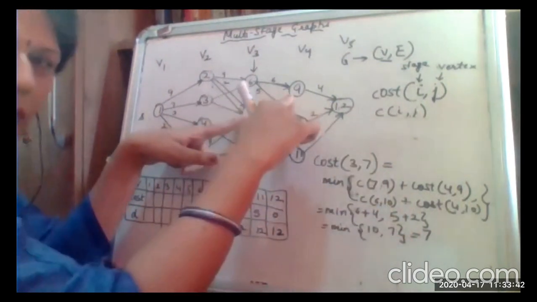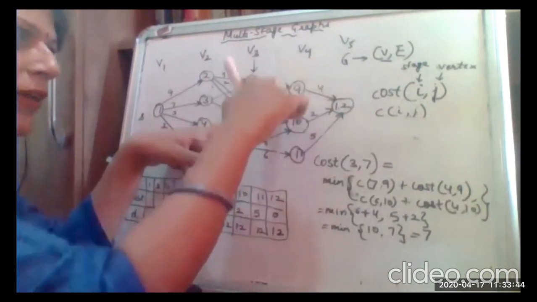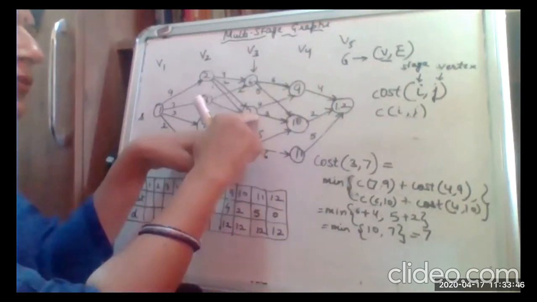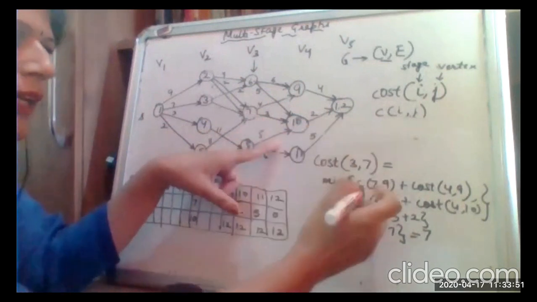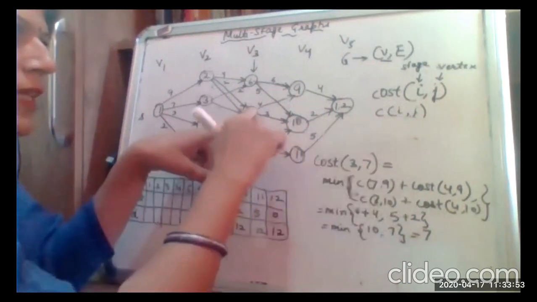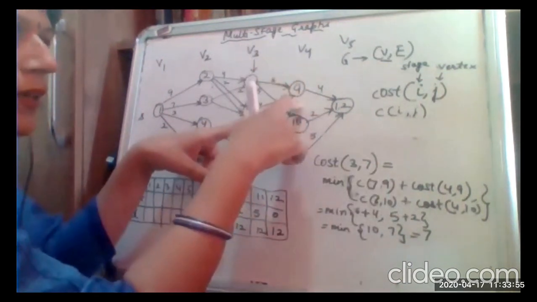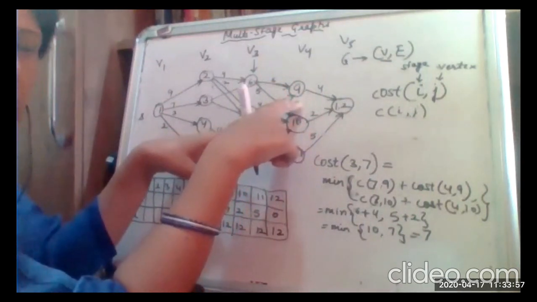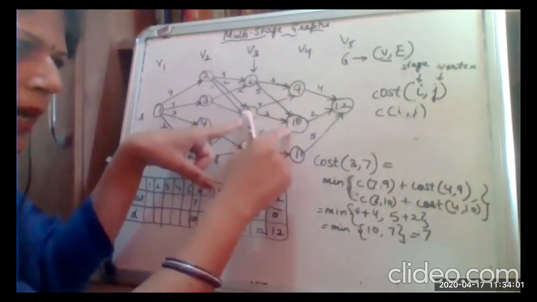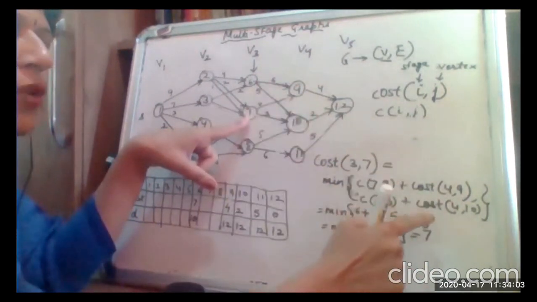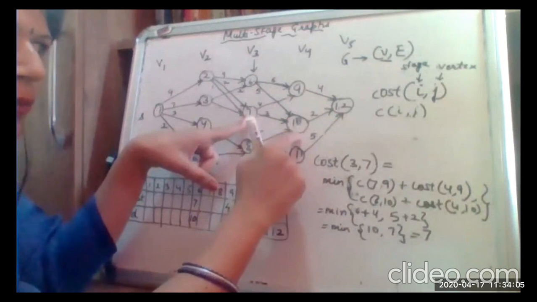Cost of 7 to 9, that is this edge, and whatever is the cost here. Cost of this edge and whatever is the cost that was here. So again, 7 to 9 and the cost at the 4th stage 9th vertex. Cost of the edge 7 to 9 plus the cost of the 4th stage 10th vertex.